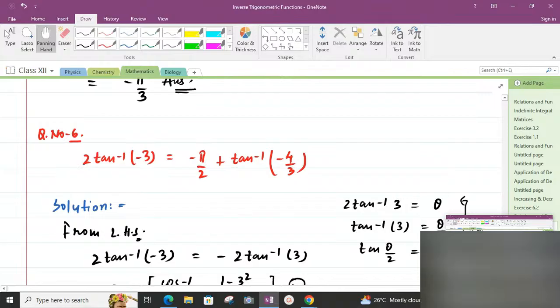So from working we get LHS equal to RHS.